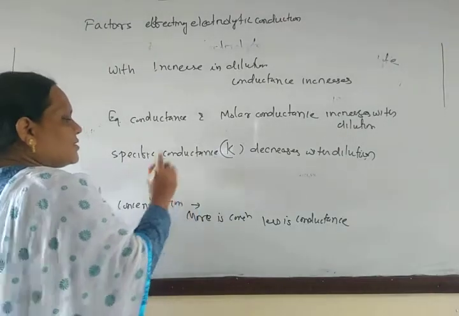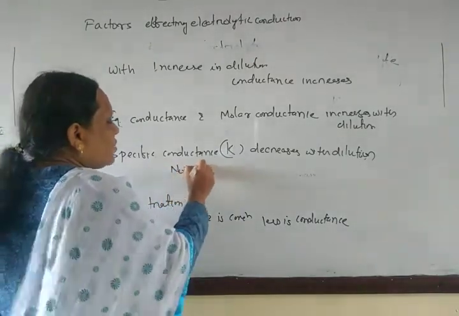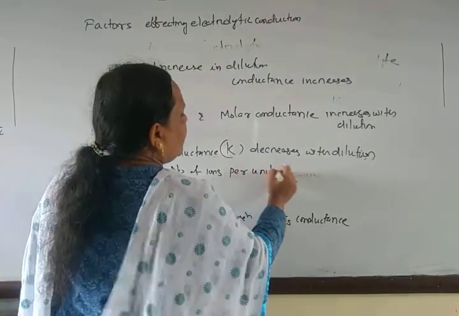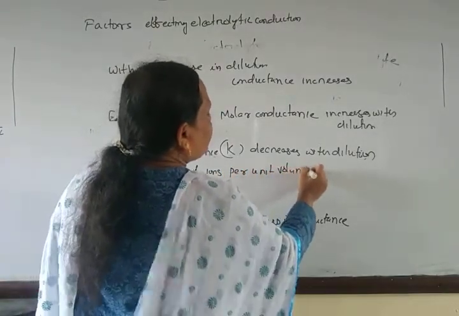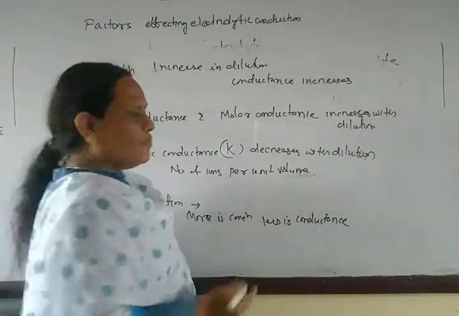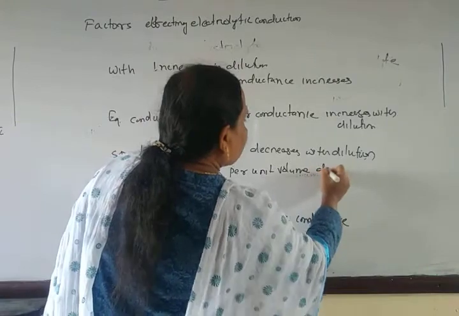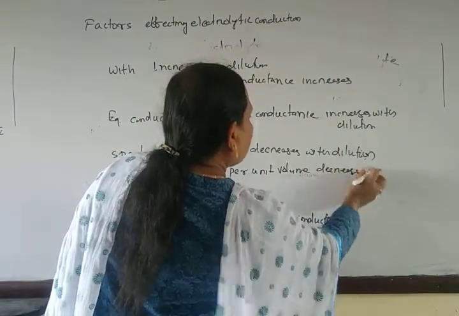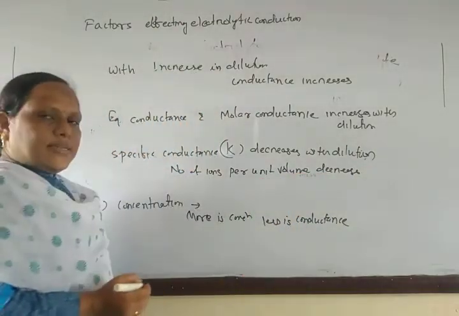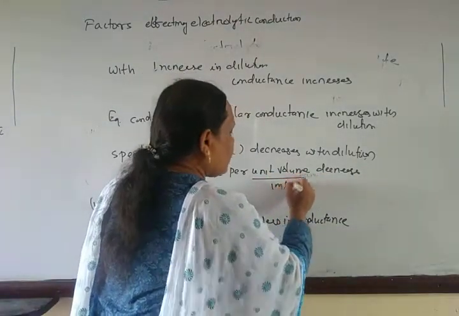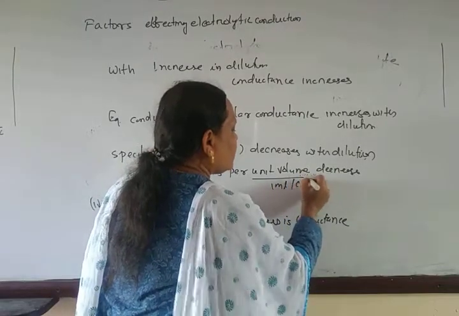Why does this decrease? Because the number of ions per cm cube or unit volume decreases. Unit volume means 1 ml, or we can say 1 cm cube.